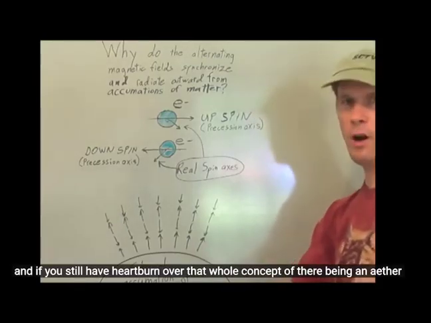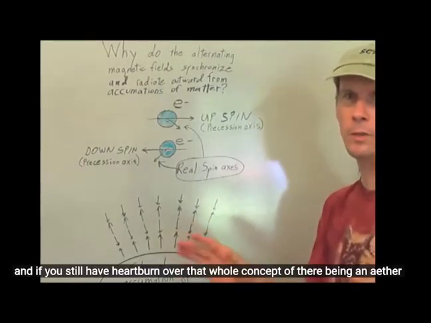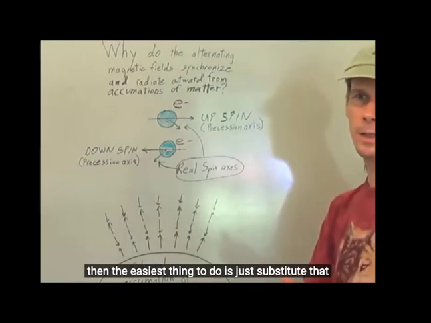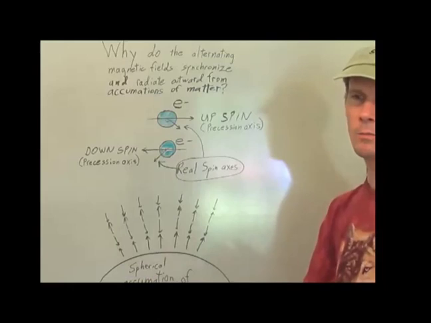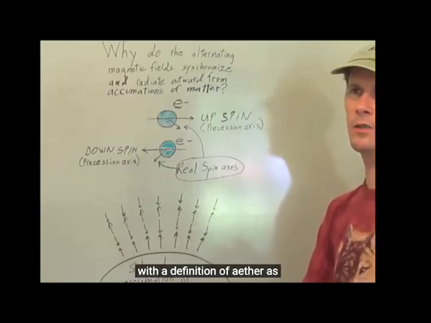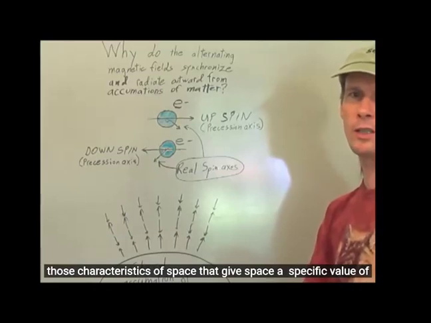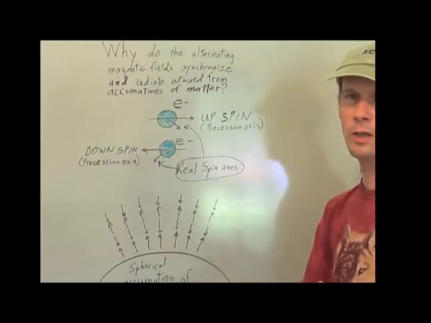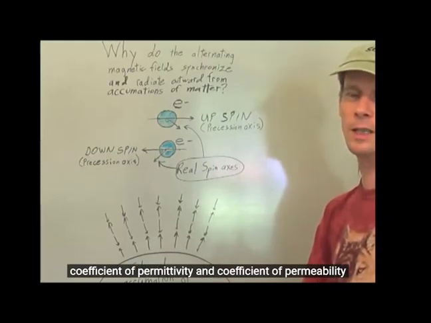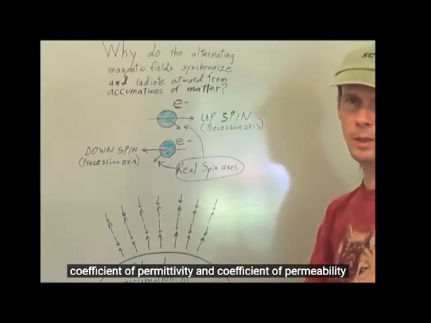And if you still have heartburn over that whole concept of there being an ether, then the easiest thing to do is just substitute that with a definition of ether as those characteristics of space that give space a specific value of coefficient of permittivity and coefficient of permeability.